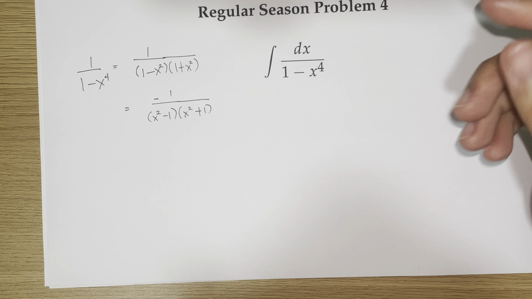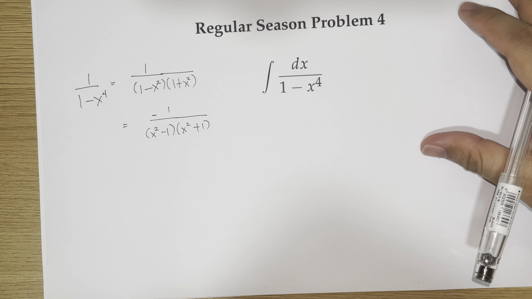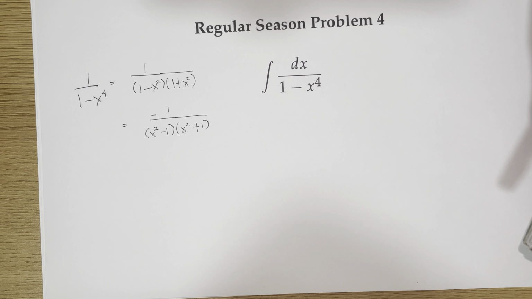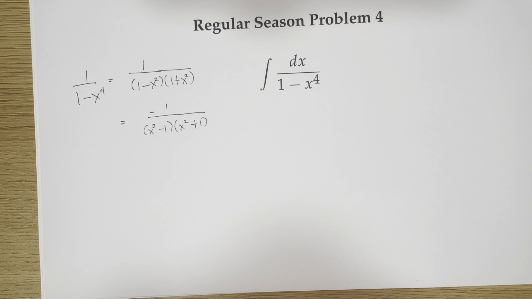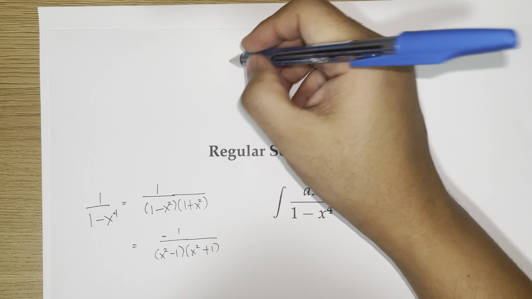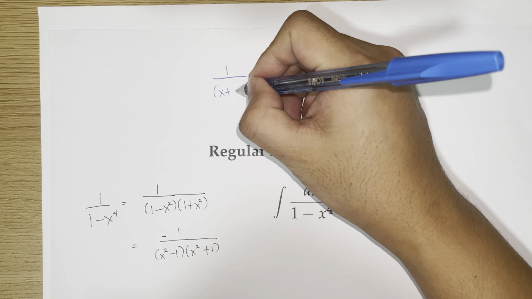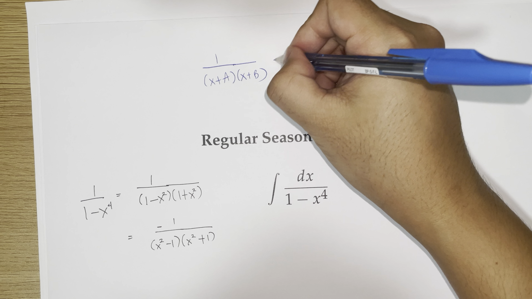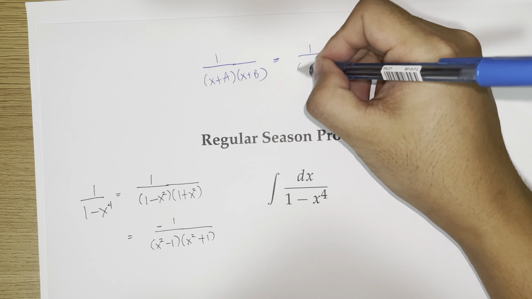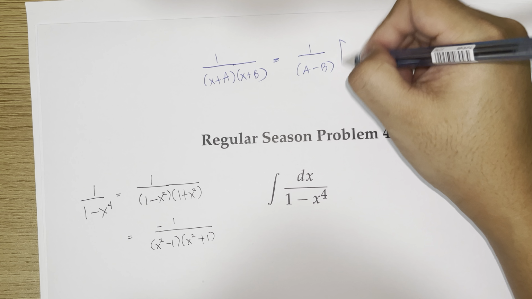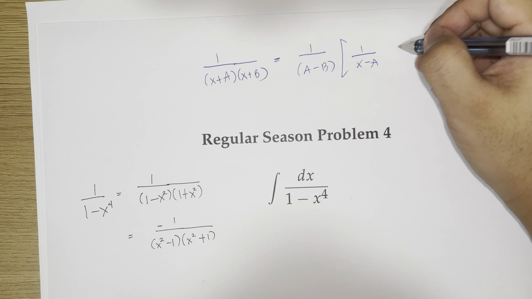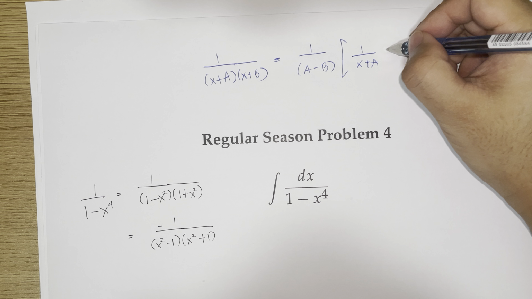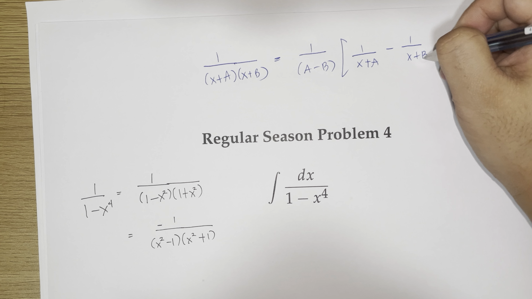Now I'm going to teach you a shortcut on how to do partial fraction decomposition for this type of denominator. Generally, if we have something like 1 over x plus a times x plus b, the partial fraction decomposition is always 1 over a minus b times 1 over x plus a minus 1 over x plus b.